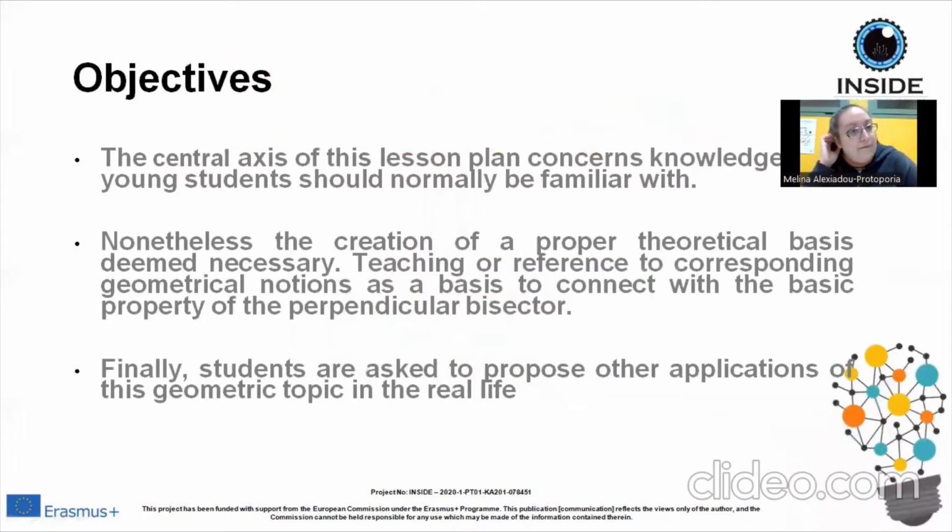The central axis of this lesson concerns knowledge that young students are normally familiar with, and we want them to build a proper theoretical basis. And we ask the students at the end of the lesson to propose other applications of this geometric topic in real life.